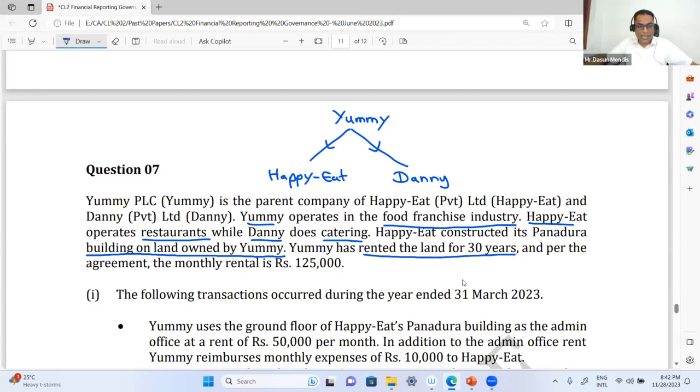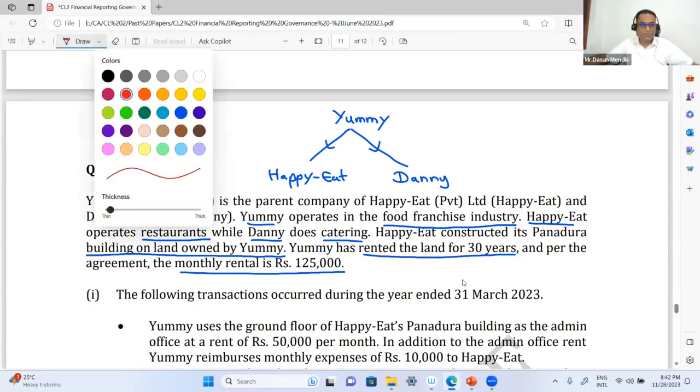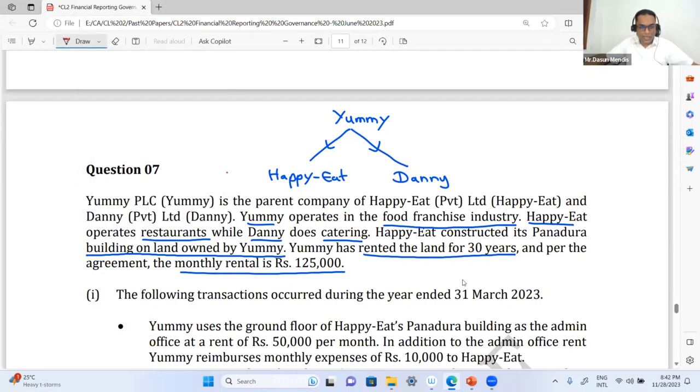Per the agreement, the monthly rental is 125,000. So what has happened is that Happy Eat constructed the building, but the land belongs to the parent company.